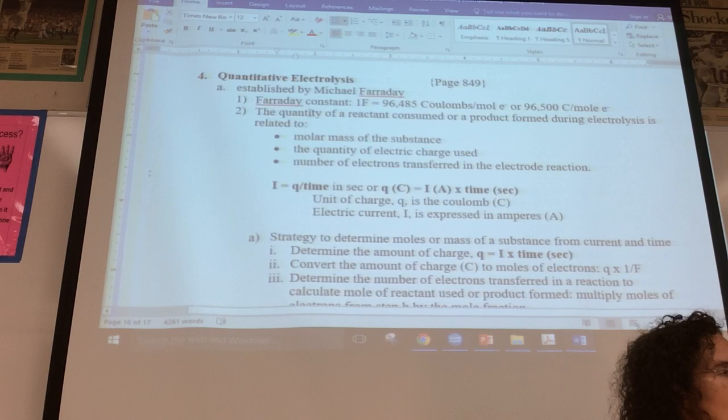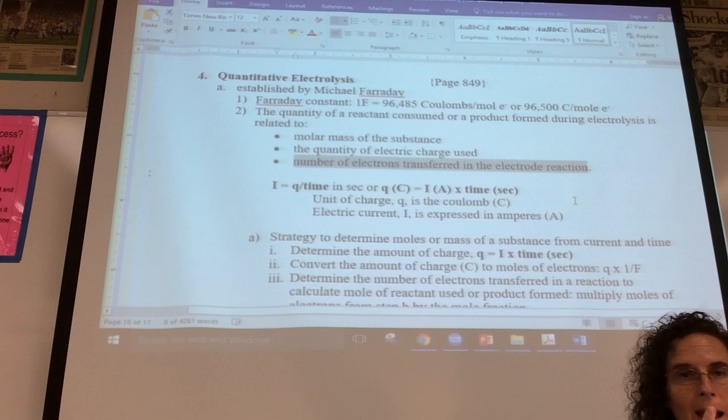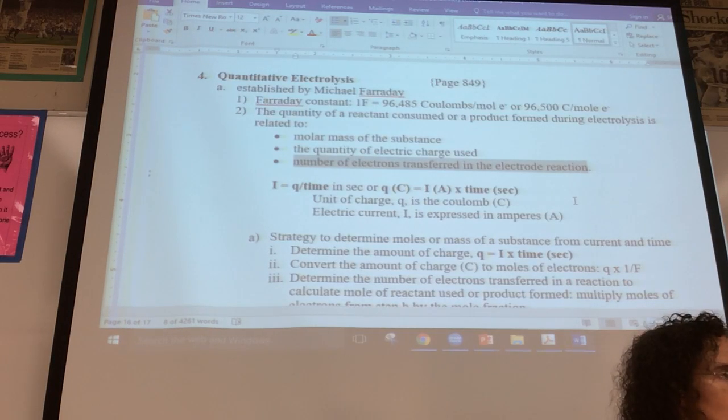We can show that the amount of reactant consumed or product generated during electrolysis is related to the molar mass of the substance, the quantity of electric charge used, and the number of electrons that are transferred. You know how to figure out electron transfer. You know how to find molar mass of a substance from the periodic table. The electric charge will be new. For those in physics, you probably have a slight advantage.